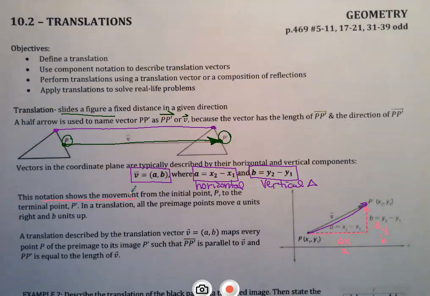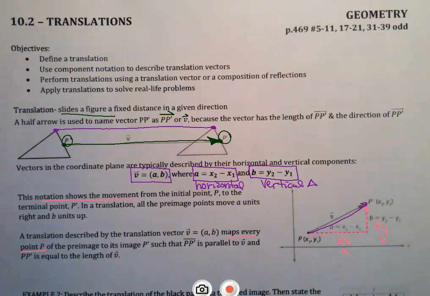Then a translation described by the translation vector v equals <a, b> maps every single point P of the pre-image to the image P prime. So we're moving every single point in a shape. This makes it sound really confusing, but I'm going to make it a lot simpler when we get there.